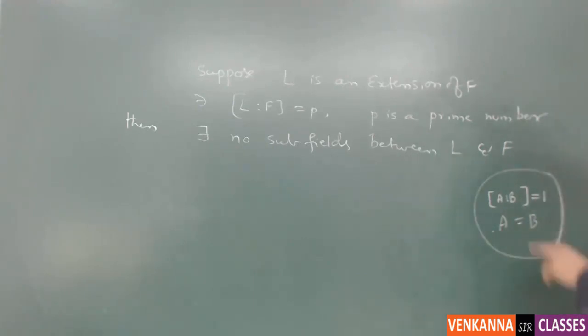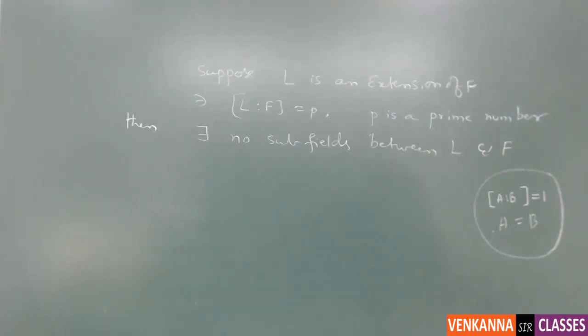So whenever you consider two fields, if the basis contains only one element, then these two fields are equal. That is the idea. Okay? Please take a note of that.